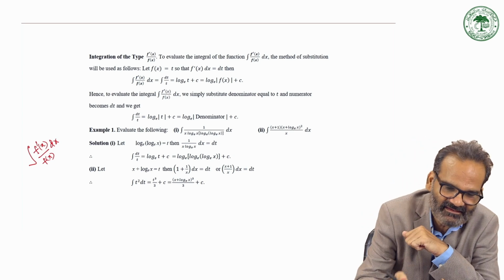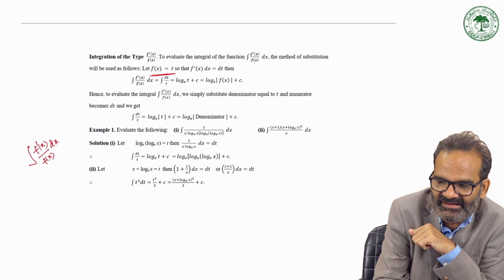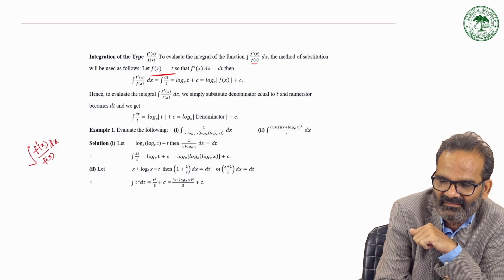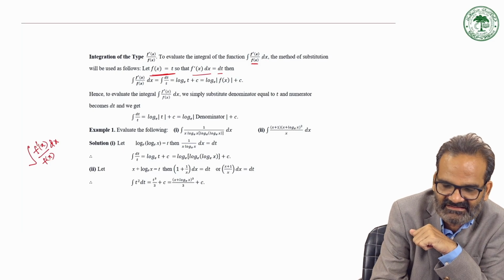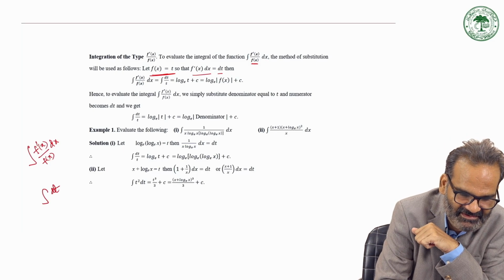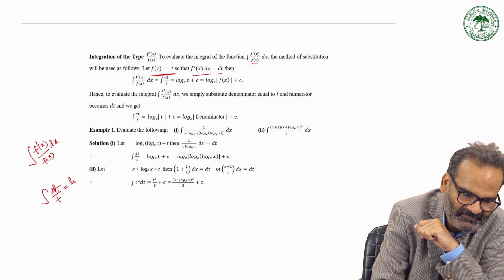Because if we take f x equal to t, we take this f x as t. So what will we get here? 1 upon t. What is left? f dash x dx. Find out its derivative. f dash x dx is dt. So f dash x dx is dt, so you will get here dt. This is t. And you know the integral of 1 upon t is log t plus a constant.